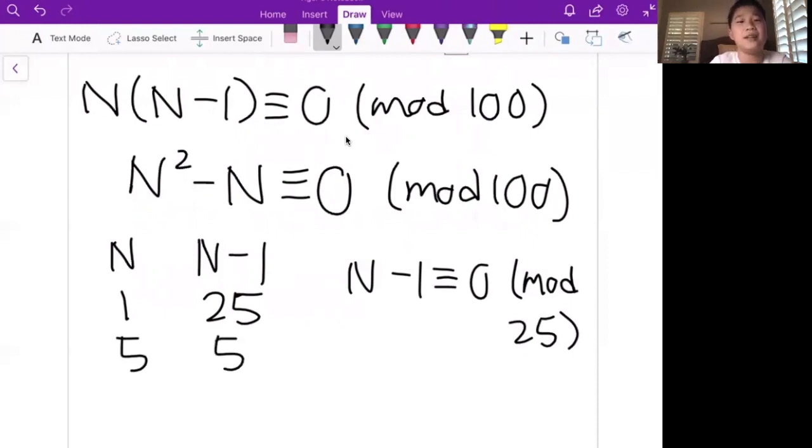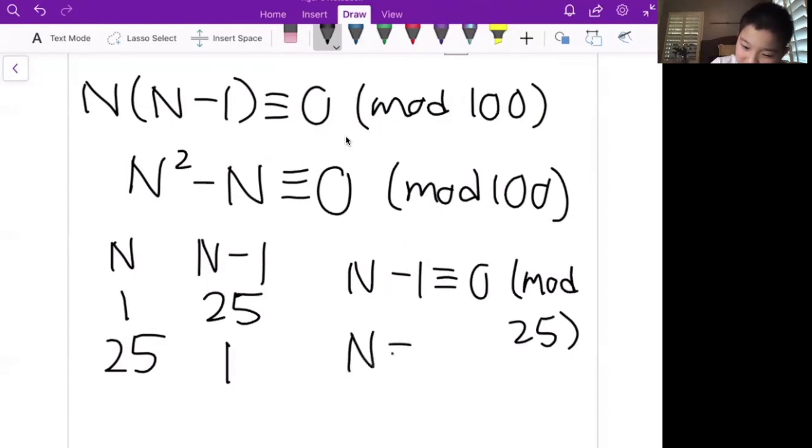Wait a minute. Do you see something wrong in this? N and N minus 1 can't be both divisible by 5, so we'll rule that out. And then N is divisible by 25, N minus 1 is just any integer. So that's also a possibility.